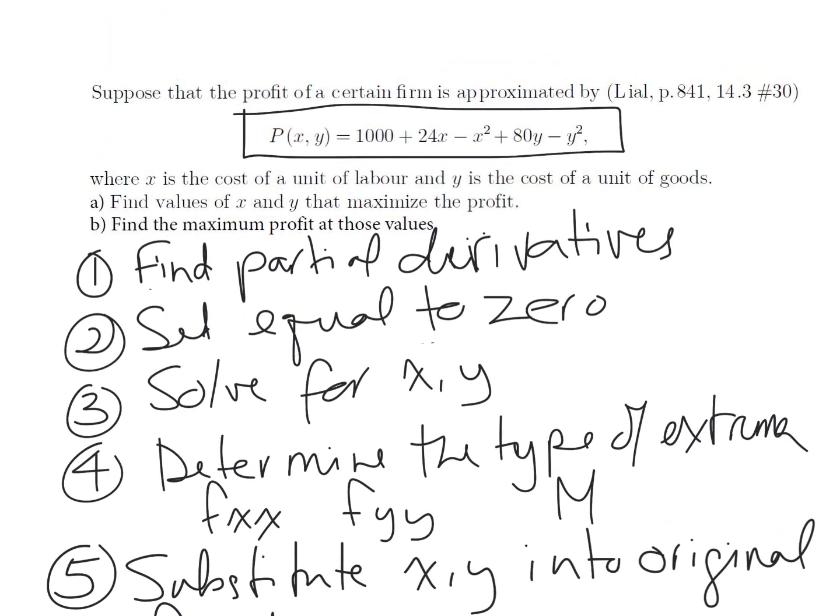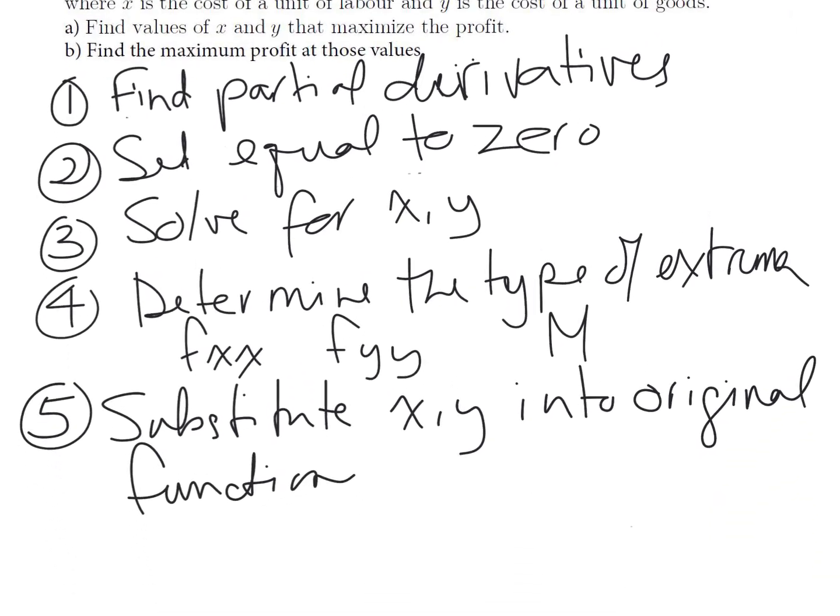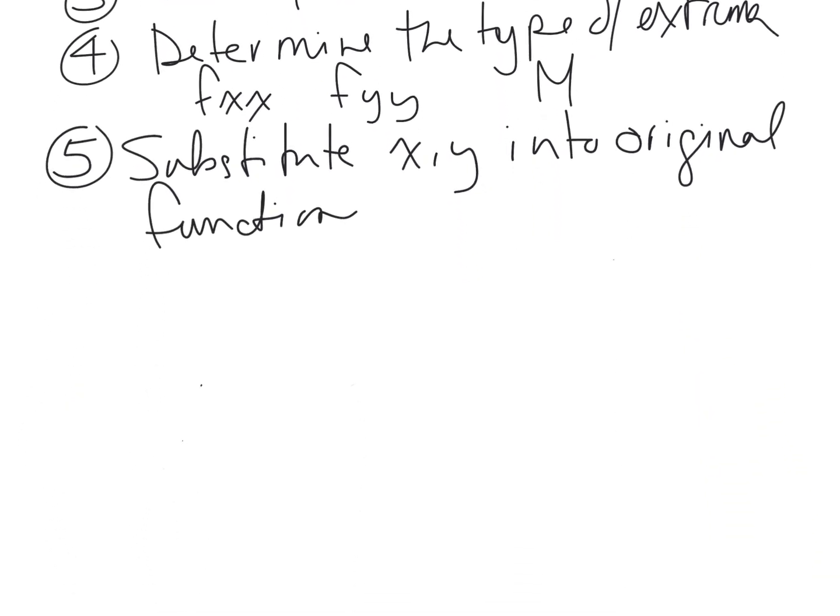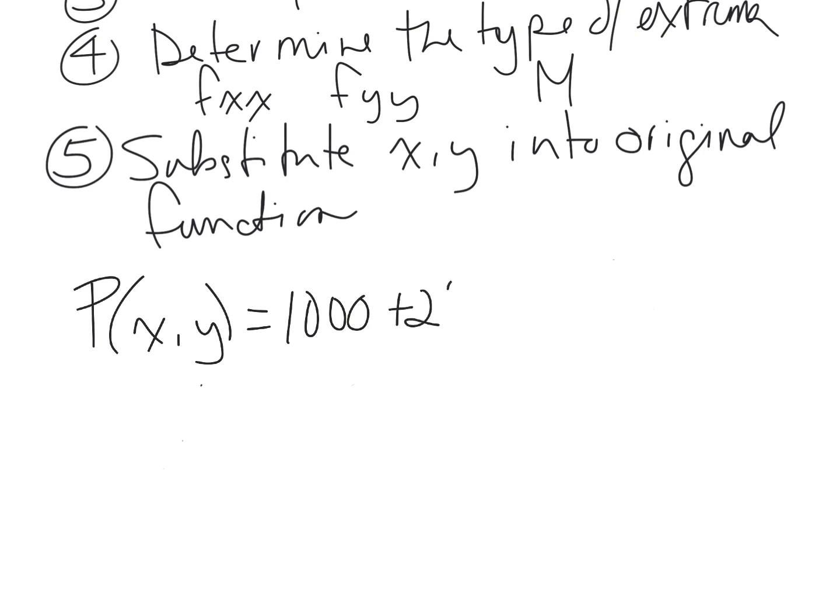Okay, so there we have our function. Let's begin. P of x and y equals $1,000 plus 24x minus x squared plus 80y minus y squared.